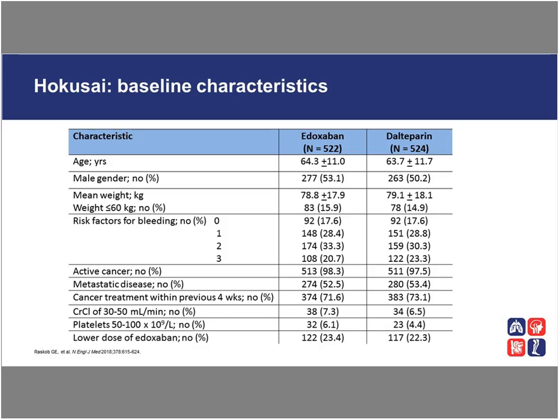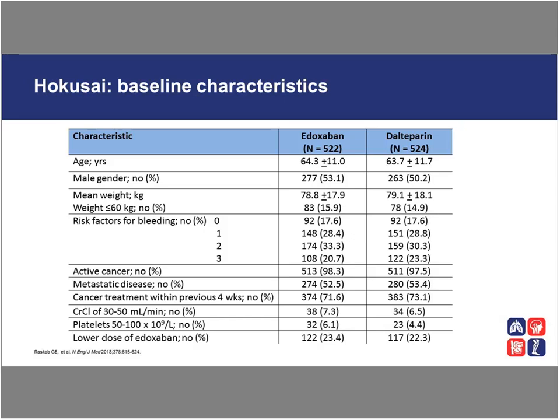Of interest, the creatinine clearance was between 30 and 50 in 7.3% of the edoxaban group and 6.5% of the dalteparin group, and fewer patients had platelets between 50 and 100.